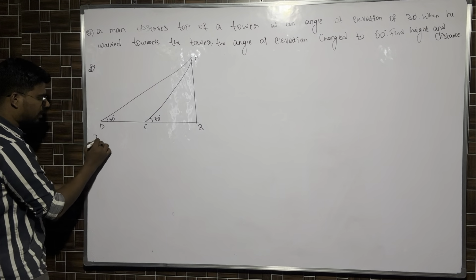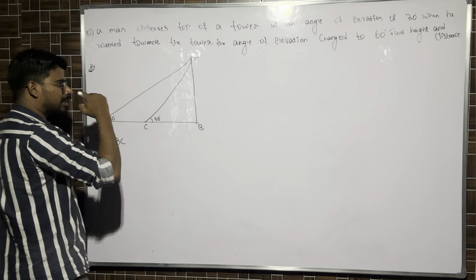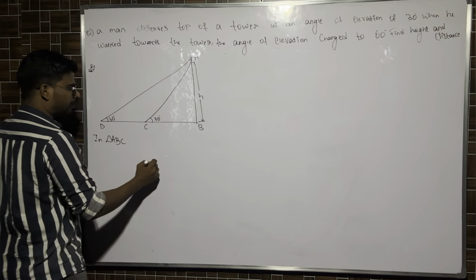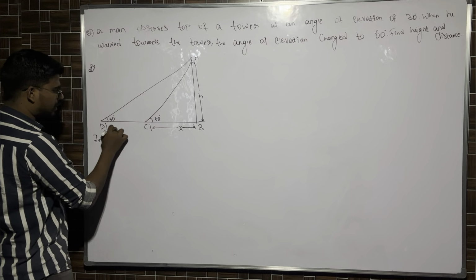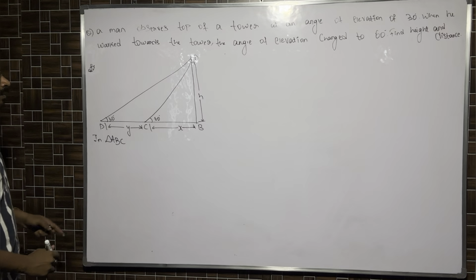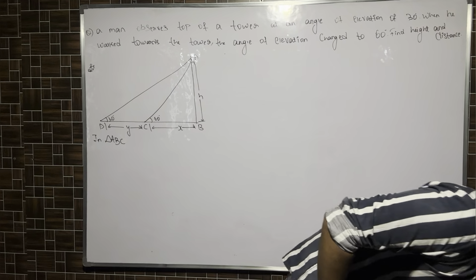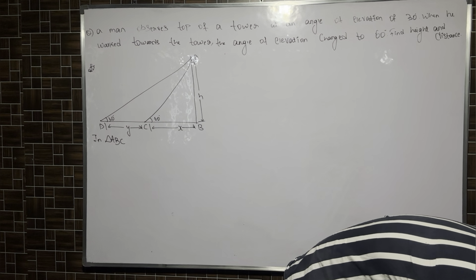In triangle ABC, let me represent the height with h. This distance I am taking as x, this distance I am taking as y. So we have to calculate the distance he walked towards this temple. He walked 40 meter.